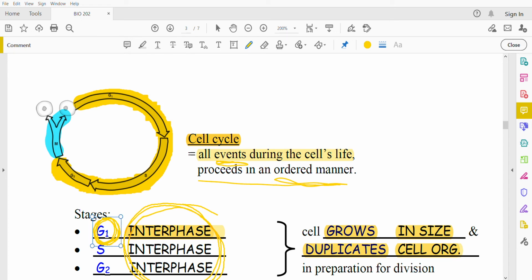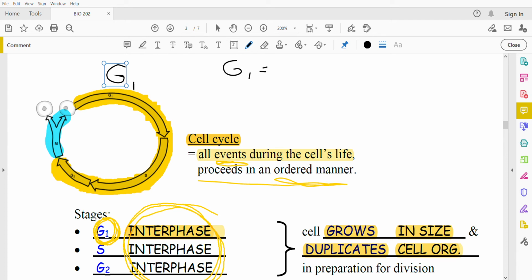As you'll notice here, the G1 interphase is the first stage of the cell's life. Let's have a look at what happens during G1 interphase.